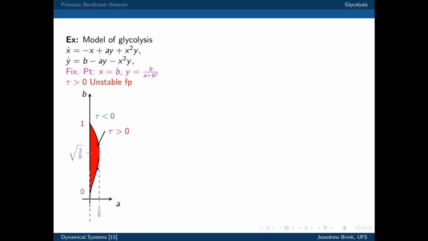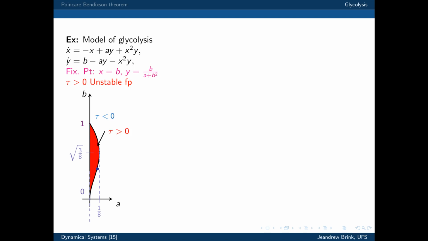So I'm now going to show you what the thing looks like if you start with an initial condition that lies just outside the unstable region. So over there where that blue dot is, it's just below the black curve. So that's the place where tau is less than 0, and therefore we have a stable fixed point.